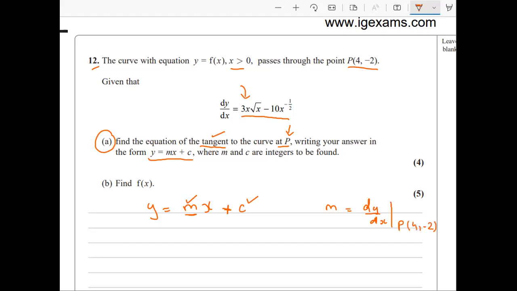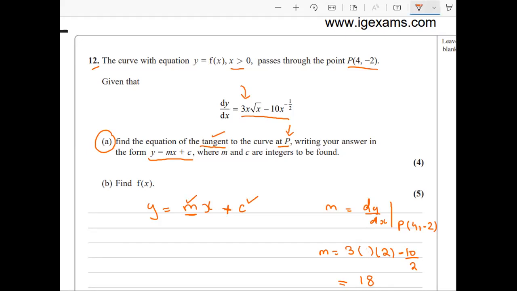So let's do that. m would be 3 into 3 under root 4, which would be 2, minus 10 by under root x, that is 4, so it would be 2, and this is 9 into this. This is 4.